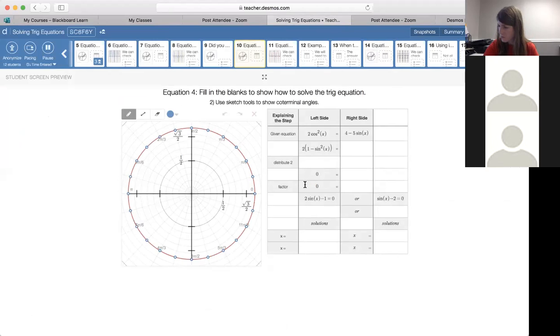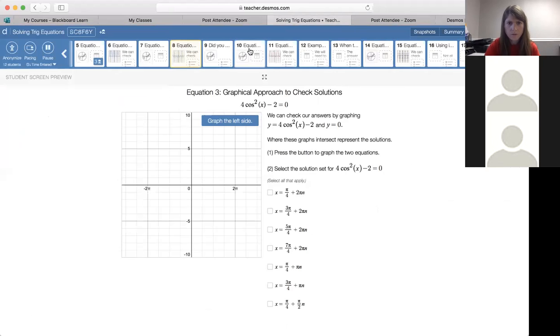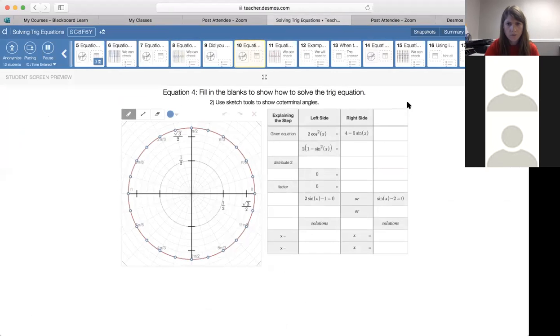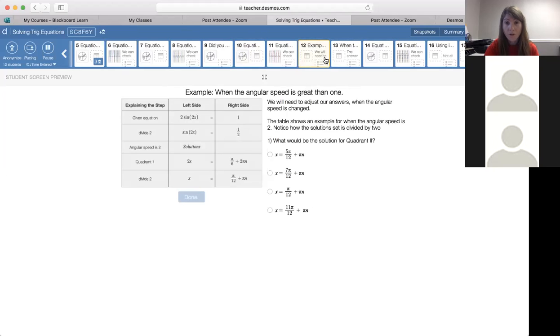Make sure I'm on the right one. Okay, apparently I put myself on the wrong one here. Actually, I think this one was the one on 12. I did this one first, and then we'll go back to 10.